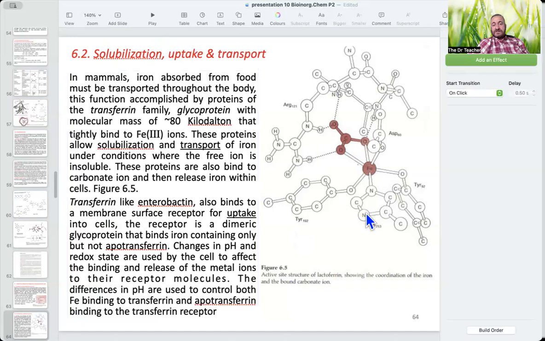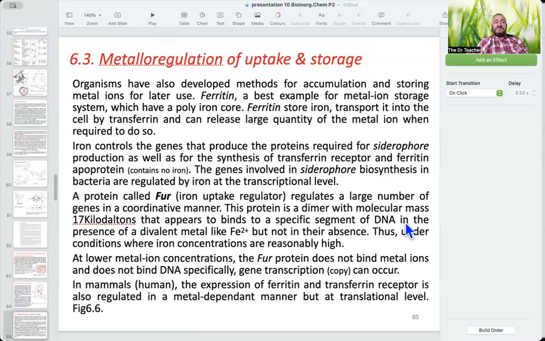So this is the active site structure of lactoferrin, showing the coordination of the iron and the bound carbonate ions. So this is a very important functional group, COO and O. So the two oxygens of the carbonyl bound to the iron, and the other oxygen bound to other surroundings. Metalloregulation, uptake and storage.